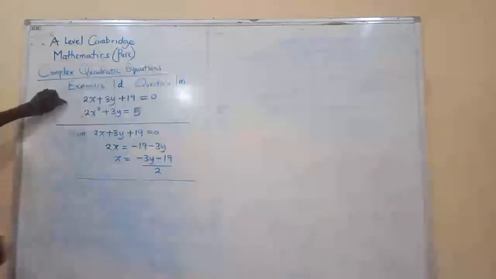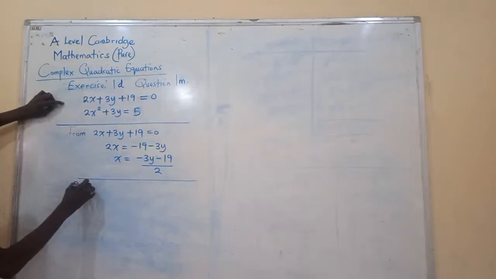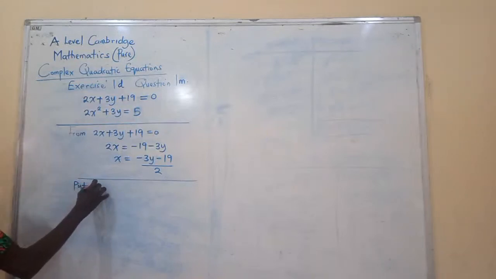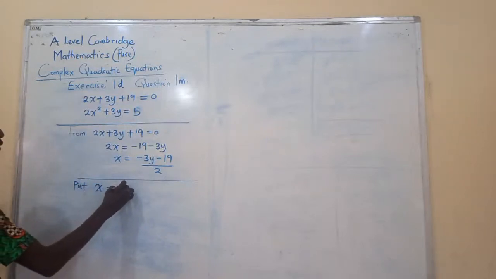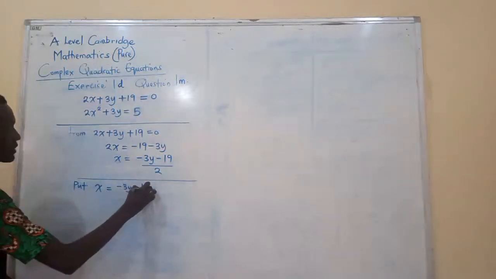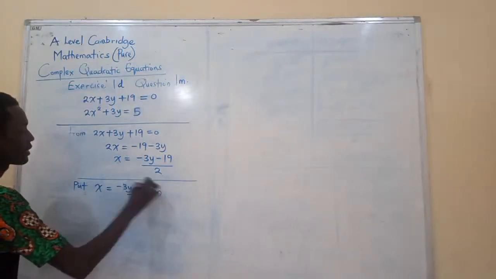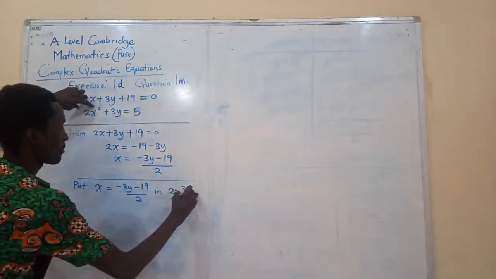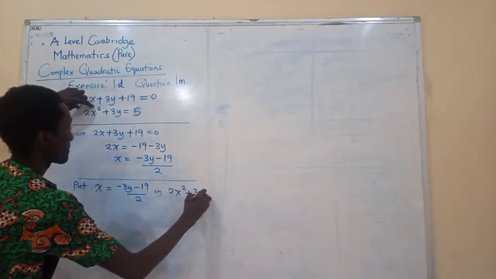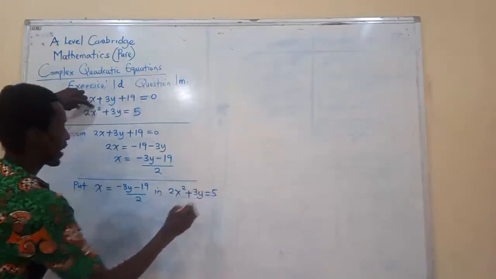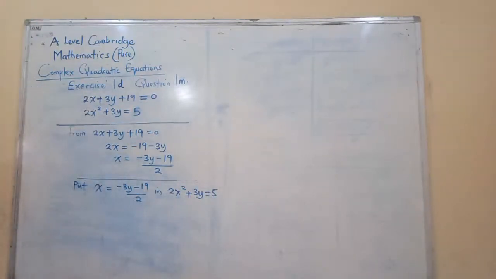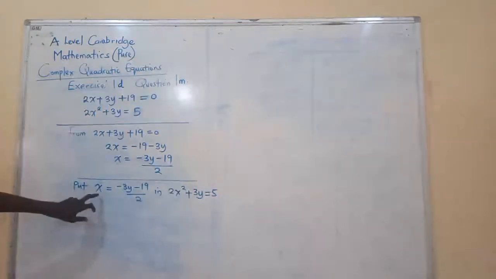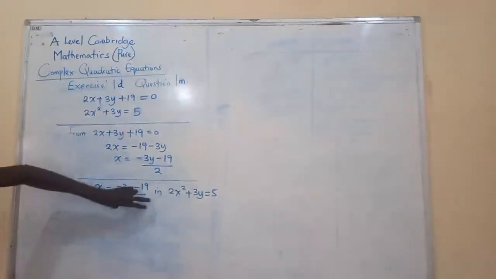And then I'm going to put x equal to negative 3y minus 19 over 2 in this one, 2x squared plus 3y equal to 5. Where I have x, I'm going to put this there.